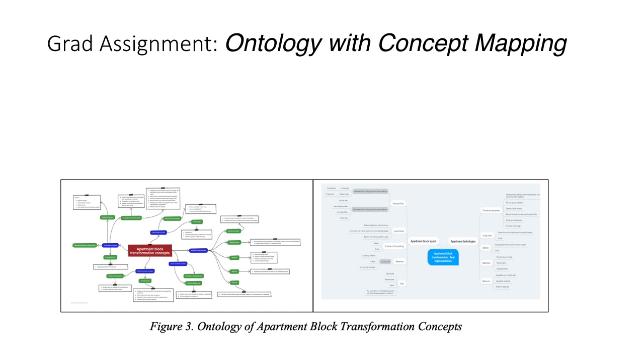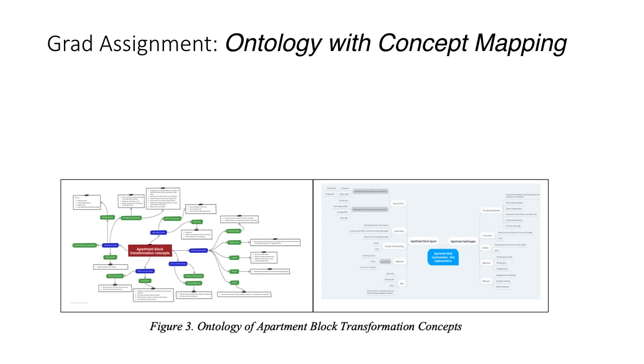Figure 3 showed that the graduate team could understand the different concepts from the extensive reading of the journal article on apartment block transformation concepts related to the smart home work. Figure 3 shows the ontology of apartment block transformation concepts. Again, it's probably too small to see, but this is the work done.